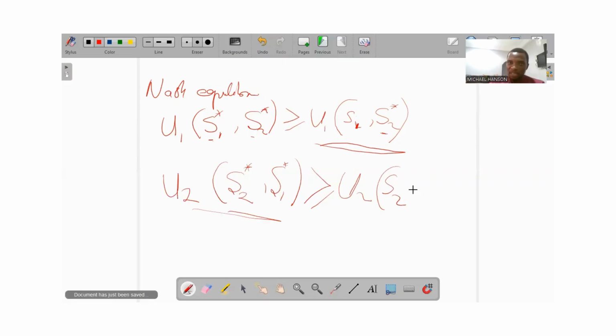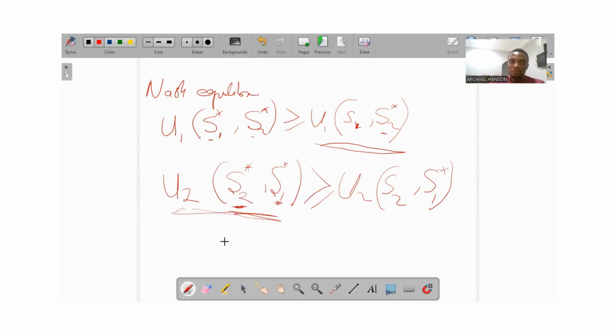So no star, taking account of player one playing his best strategy. So even if player one plays his best strategy and player two doesn't play his best strategy, he ends up with a payoff which is lesser than player two when he plays his dominant strategy, his best response, and player one plays his best response.